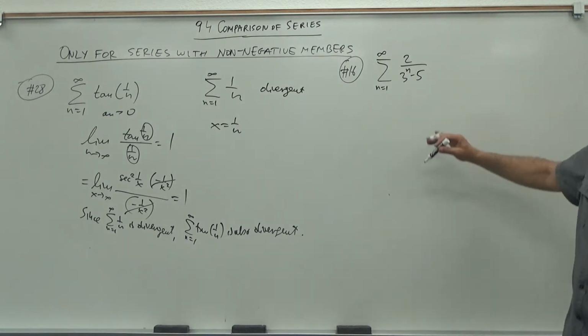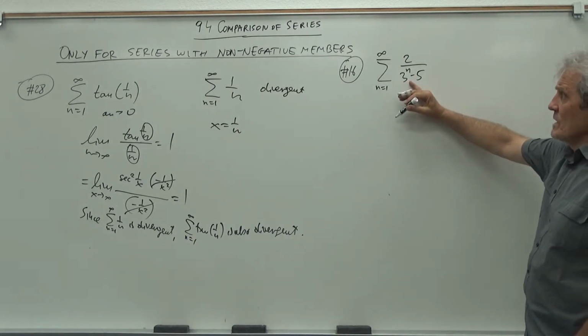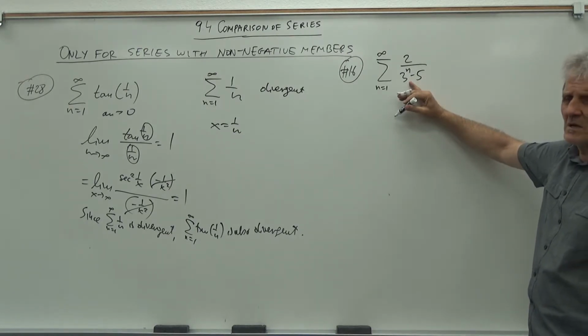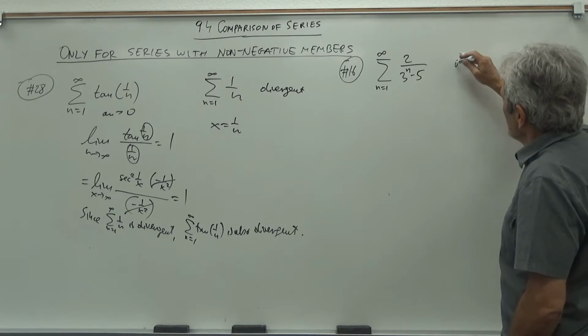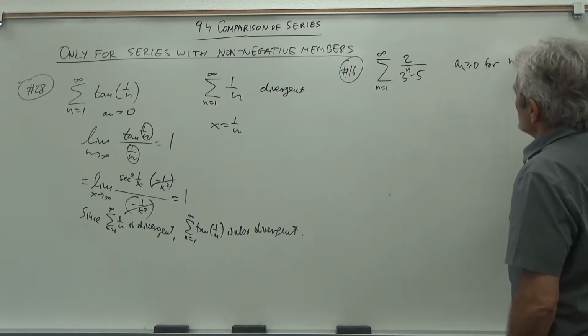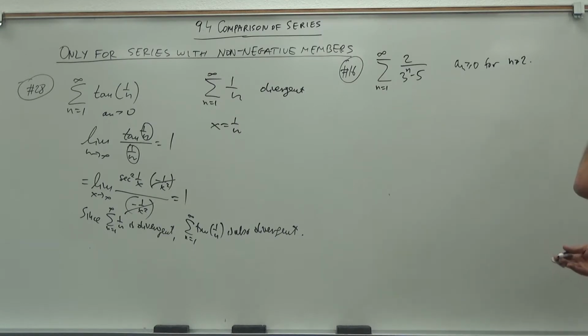One warning: when n is 1, our first number is actually negative. But I told you many times that this really doesn't matter. The behavior of the first few numbers never influences convergence. So a_n is greater than or equal to 0 for n greater than or equal to 2, and that's good enough to apply whatever criterion you want to apply.